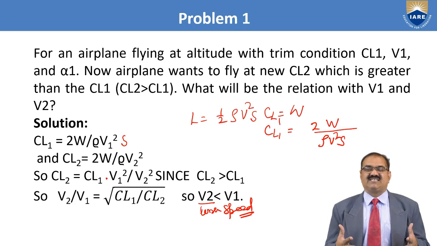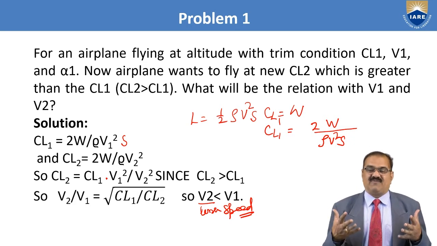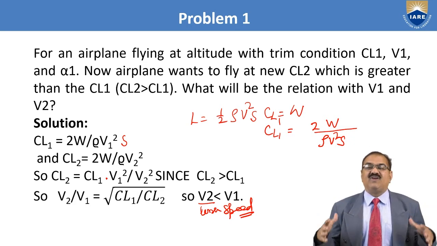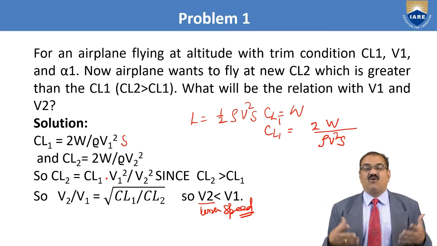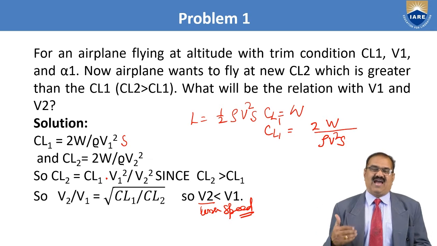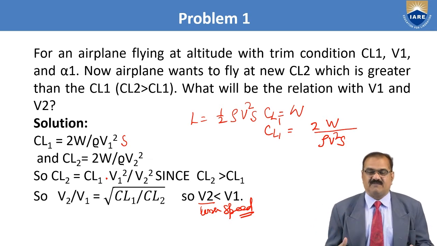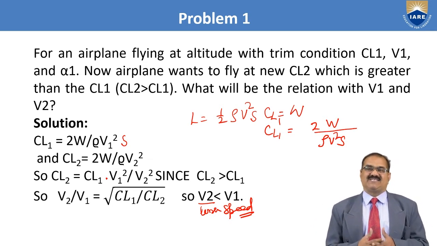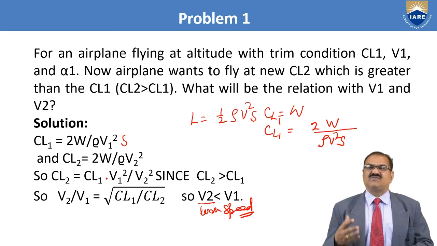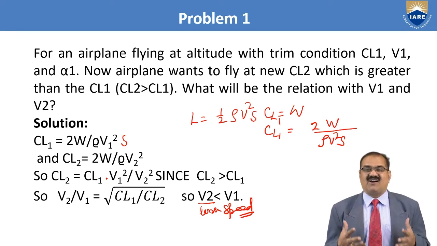This increase of coefficient of lift is needed because during landing we cannot go at very high speed. If we go at very high speed, the aircraft may overrun the runway and be in trouble. So during landing especially, we make V2 very much less compared to V1 because at that time we need more coefficient of lift.